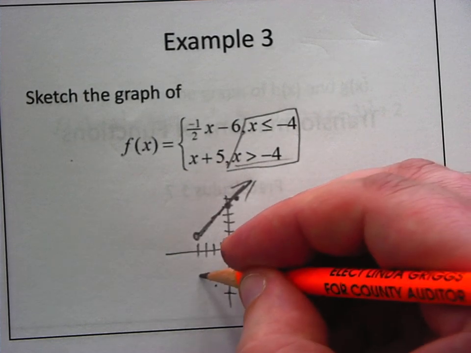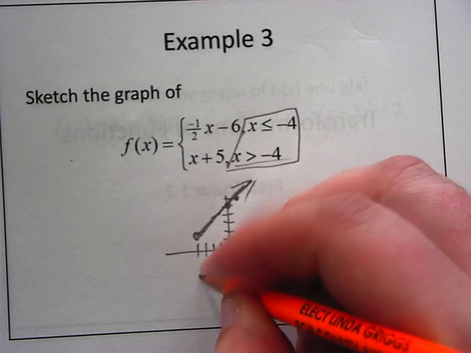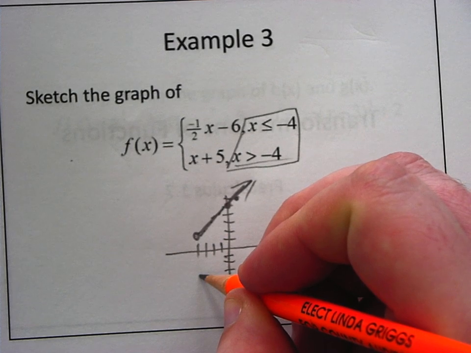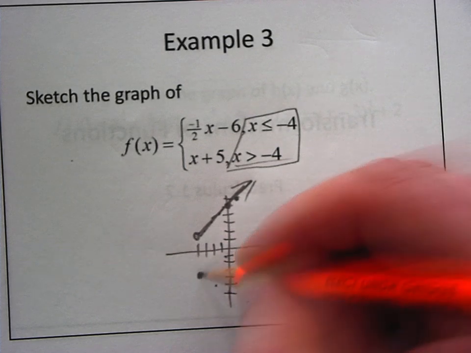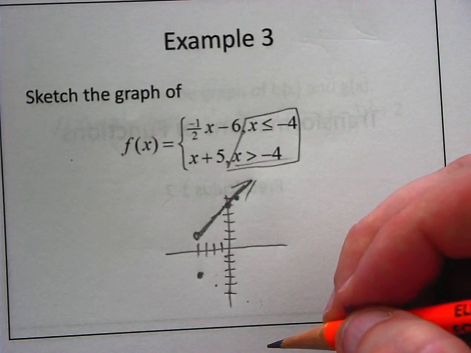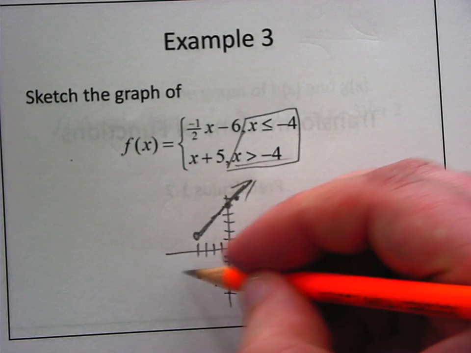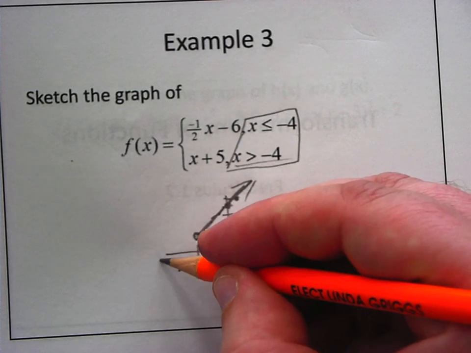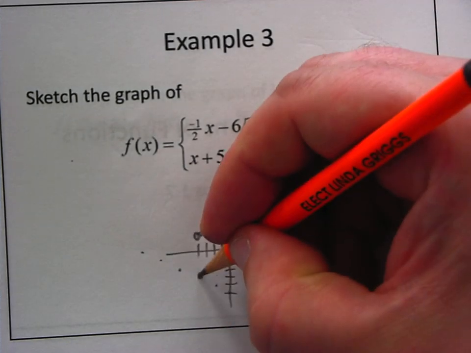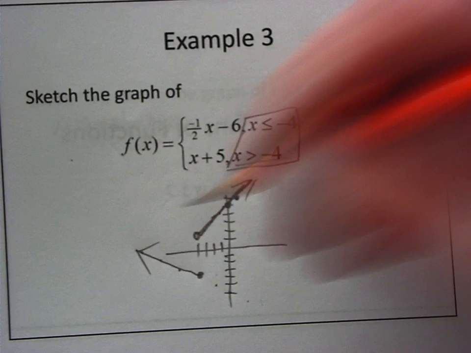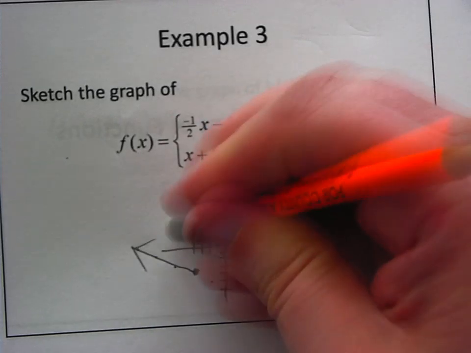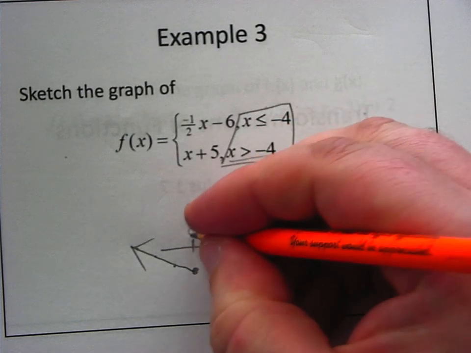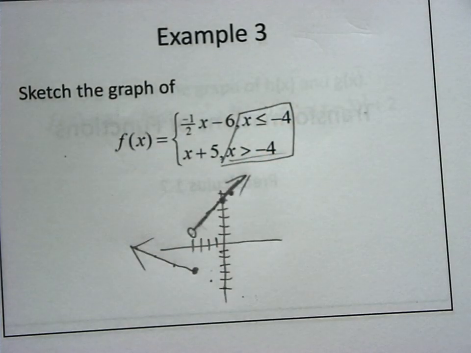And this is nowhere near to scale. This thing's finally going to start here, because then I'm finally 4 to the left. Filled in circle or open circle? Filled in. Okay. And then keep going with that slope. Up 1, left 2. Up 1, left 2. Up 1, left 2. And go from there along that line. There's your graph. See that? You have your open circle there, your closed circle below it.